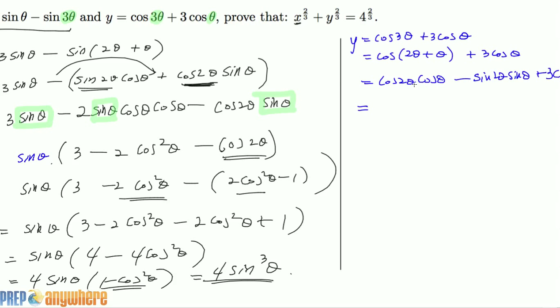Okay, so if I stop and scan and see what they have in common, they have a cosine theta in common for the first and last, but they don't have that in the middle. But if I recall the double angle formula for sine of 2 theta, you know there is actually a cosine of theta in there.